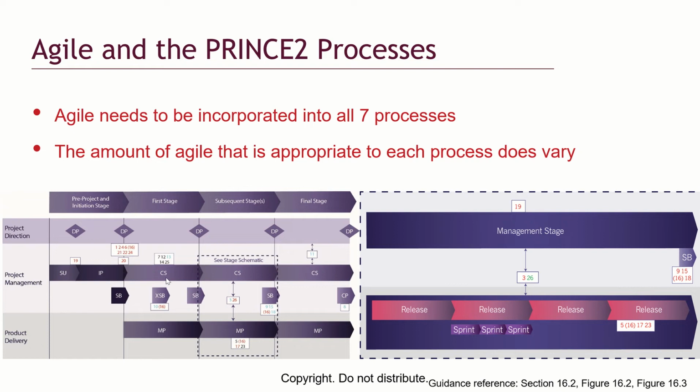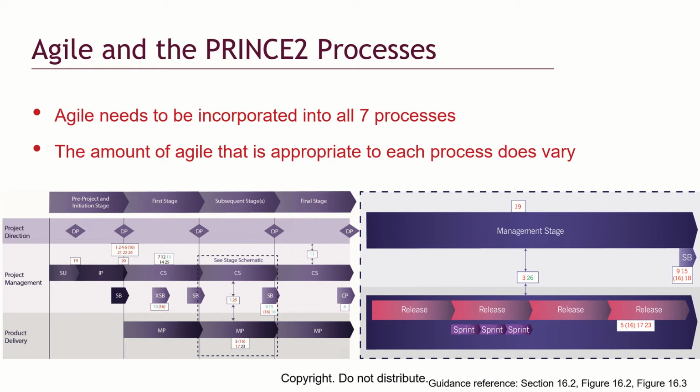CS here is talking about when you have a stage, how do you continue to manage the stage? So we'll look at all these processes and how these processes, in one way or the other, are still relevant in Agile or with Agile.